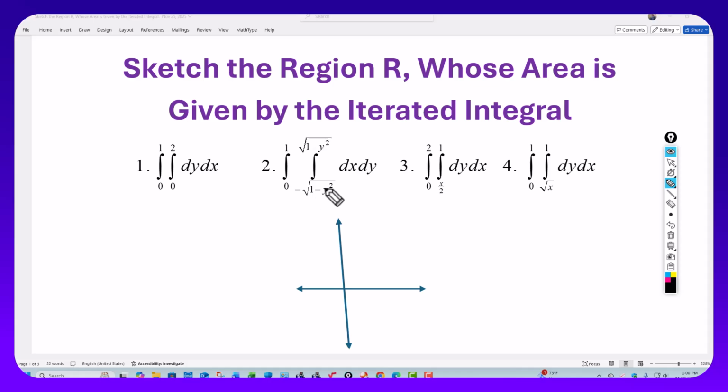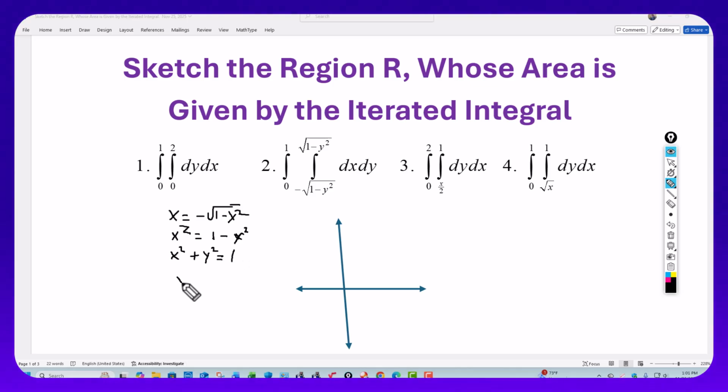Now for the second one here, x equals minus the square root of 1 minus y squared. If I square both sides, then x squared is equal to 1 minus y squared. We'll take the minus y squared over, and we get x squared plus y squared equals 1.